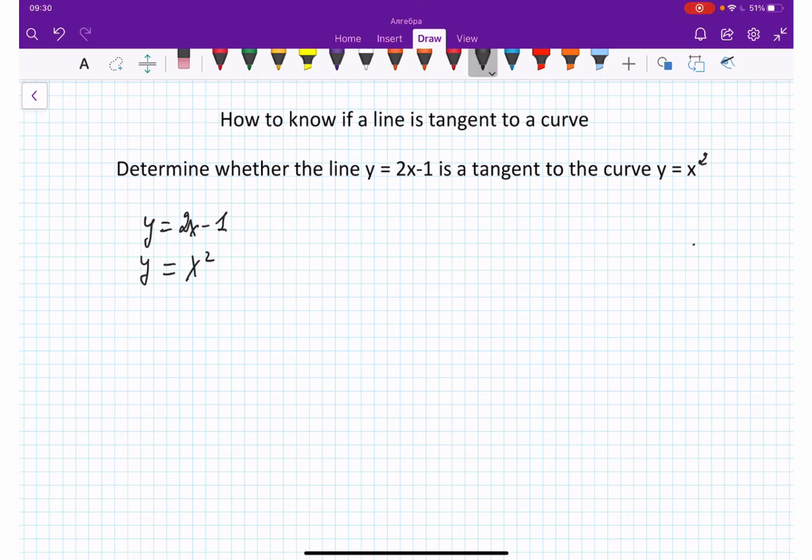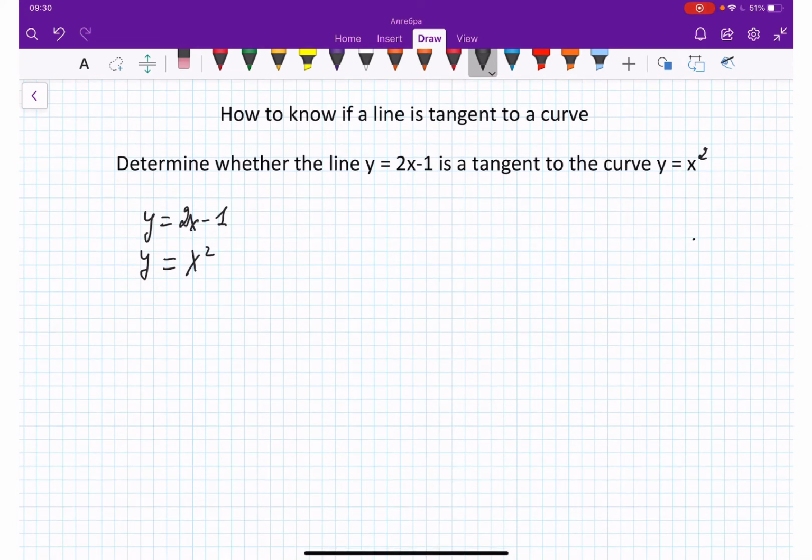Since both equations are equal to the same y, we can insist that if the left sides of the equations are equal, the right sides are also equal. From here we can insist that x squared is equal to 2x minus 1.